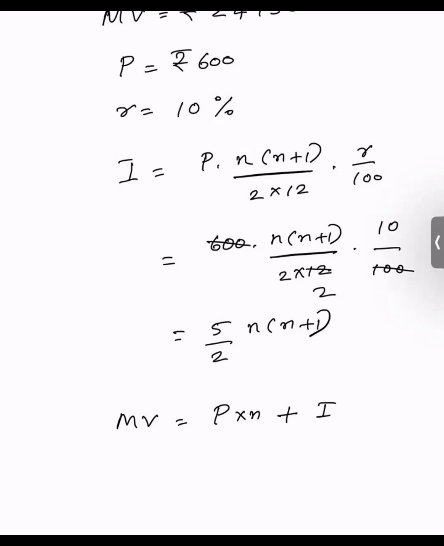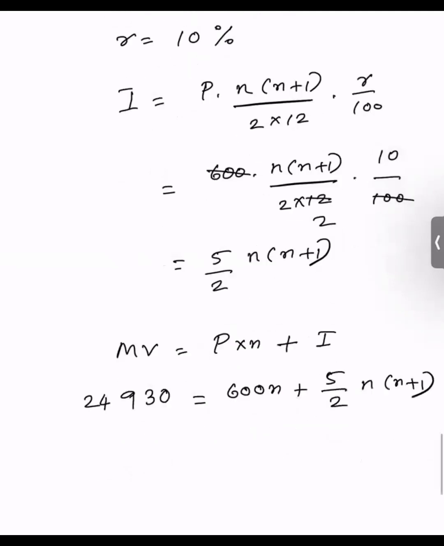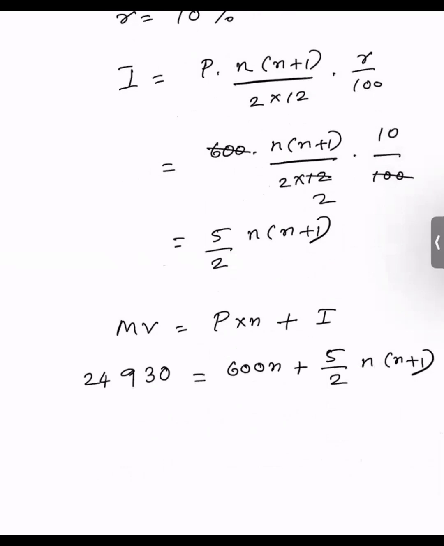So maturity value, we write it as 24,930 is equal to 600N plus, what is our interest? 5 by 2 N into N plus 1. Okay. This is the interest. Now, since there is a 2, I have to cross multiply, make 2 the LCM and do the cross multiplication.